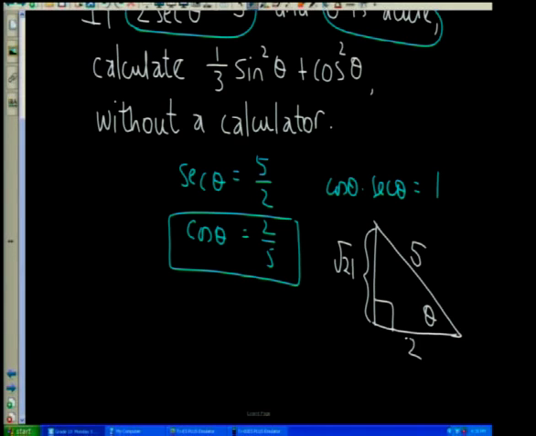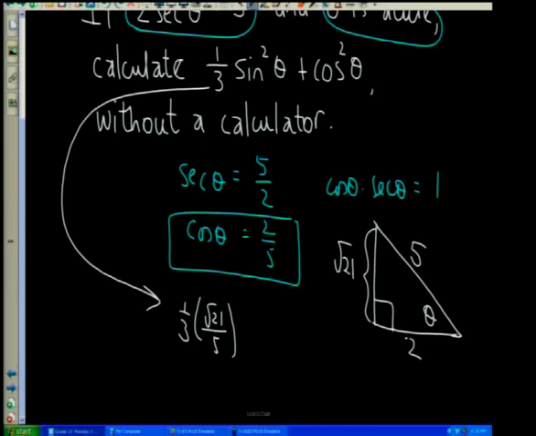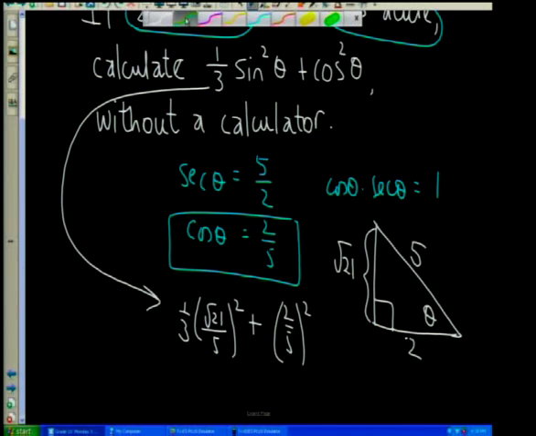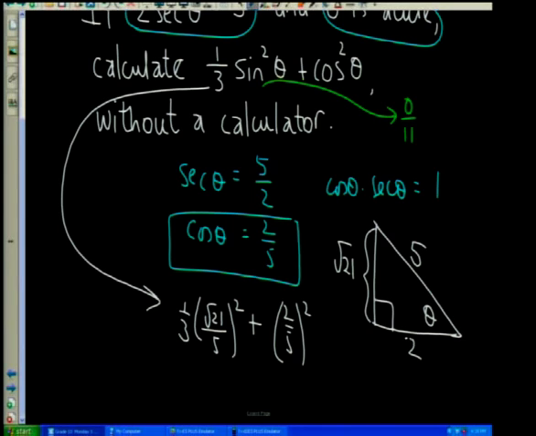Okay, and that automatically means we've got a third of root 21 over 5 squared, plus cos theta, which we've also got from here, 2/5 squared. Okay, so sine is opposite over hypotenuse, and this one is adjacent over hypotenuse.